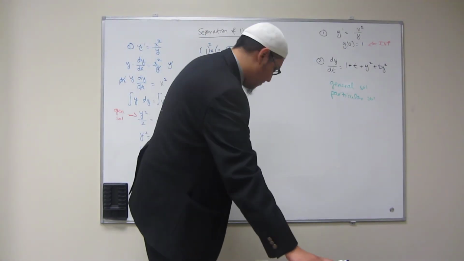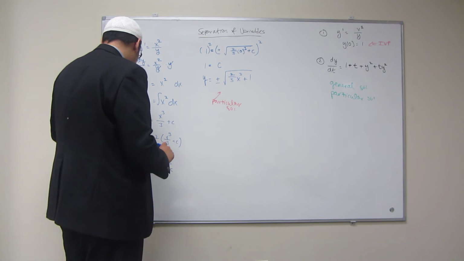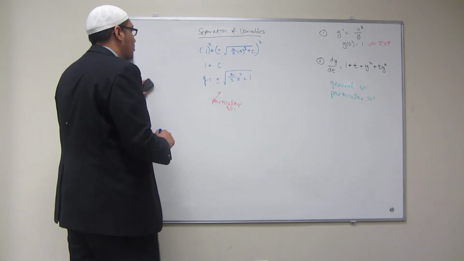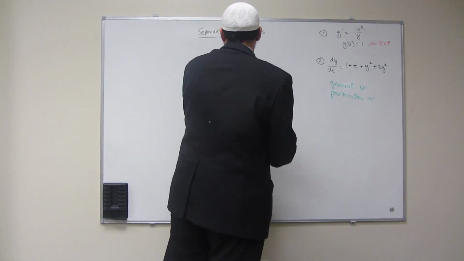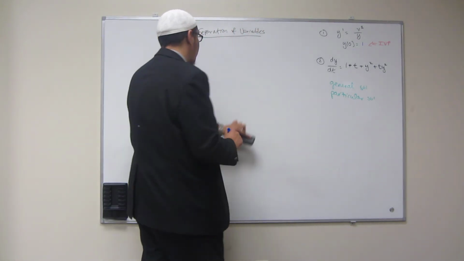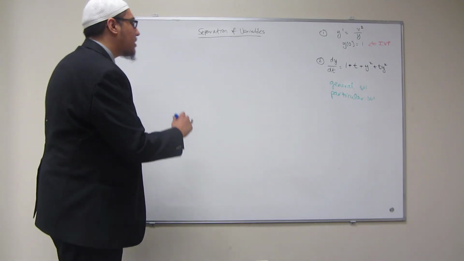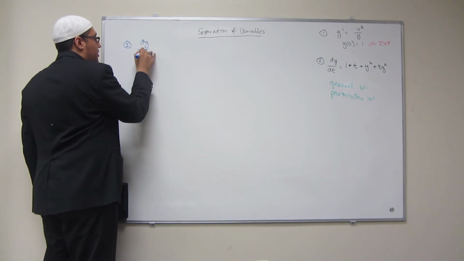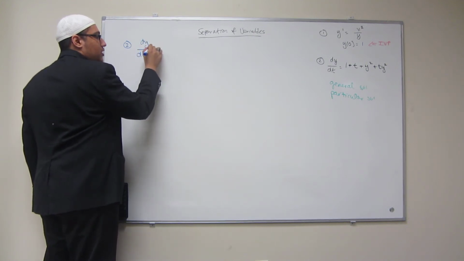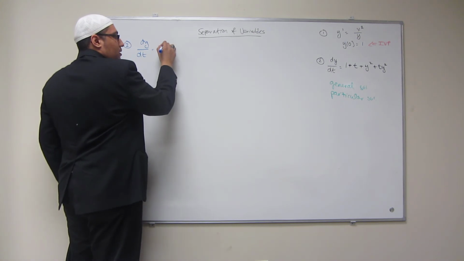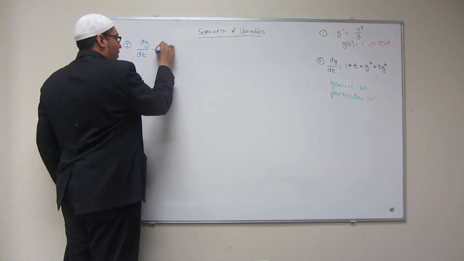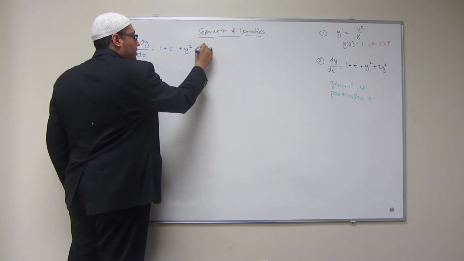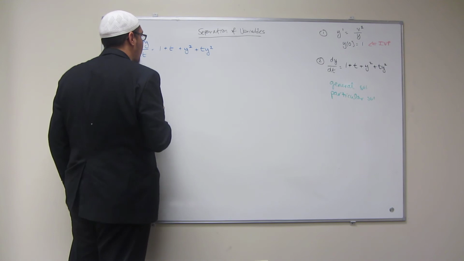Now, number 2, I actually like this problem quite a bit because it requires a little bit more thinking and manipulation of the algebra before actually being able to use the method of separation of variables. Now let's write this down. Number 2. dy/dt is equal to 1 plus t plus y squared plus t y squared.